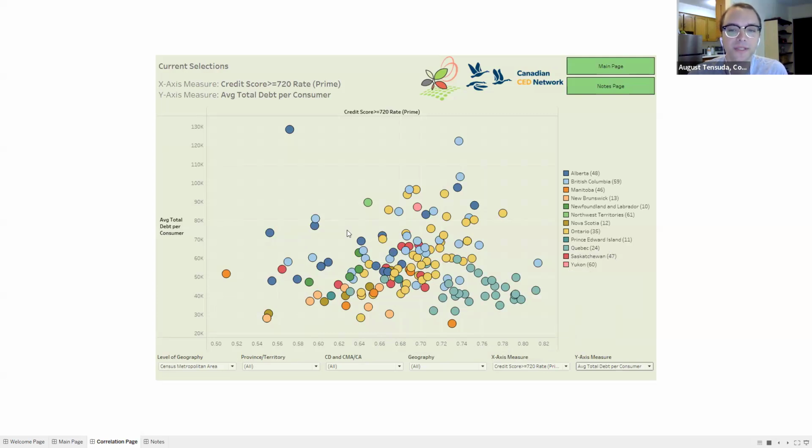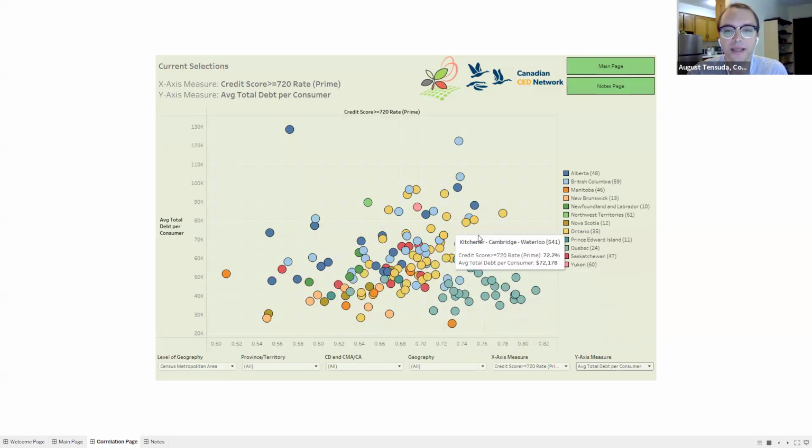The only outlier there would be this grouping, I would say, of Quebec. It seems like Quebec in general, as they have higher credit scores, they don't have higher average total debt per consumer. So we can see that they're low on the y-axis, but high on the x-axis.